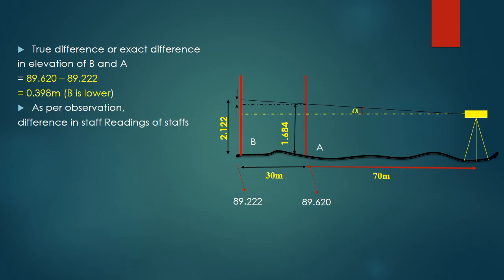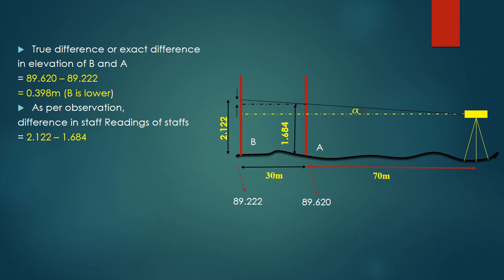Now as per observation, the difference in the staff readings, as per the values given in the question, is 2.122 minus 1.684. You just take the difference between the staff reading at B and the staff reading at A.